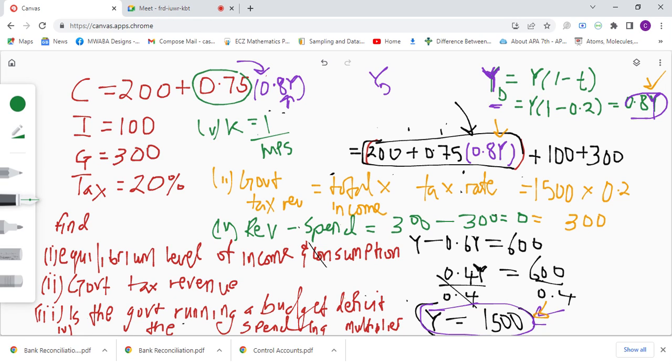So to get our marginal propensity to save, we say 1 minus 0.75, because remember, MPS plus MPC always equals 1, since the only two things you can do with your money are save or spend. So we subtract 0.75 from 1, and 1 minus 0.75 is 0.25.